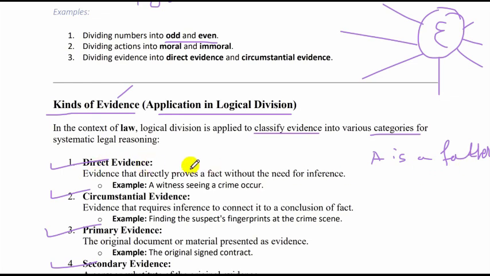It could be something else also. For example, a thief being caught red-handed with a knife or with the thing that he has stolen. That's direct evidence. A witness seeing a crime occur is also an example of direct evidence.